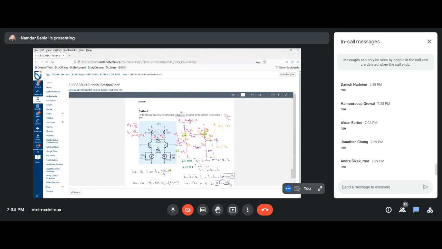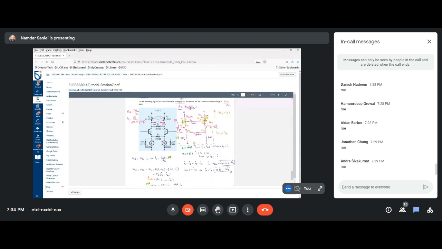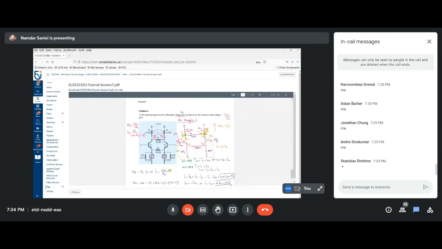So let me see if I can try to explain it as quickly as possible. If you look at the circuit, it is symmetrical with respect to the middle of the image, right?